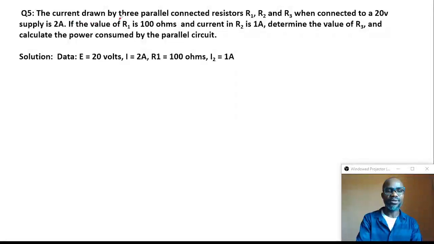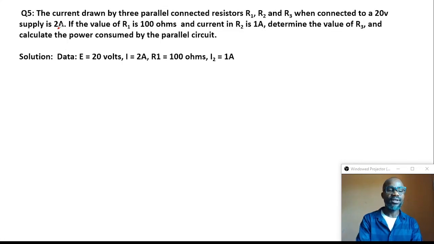The current drawn by three parallel connected resistors, R1, R2, and R3, when connected to a 20 volt supply is 2 amps.